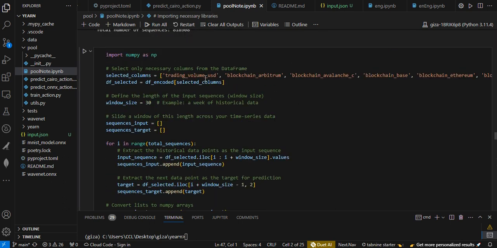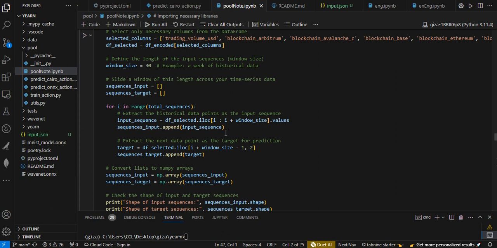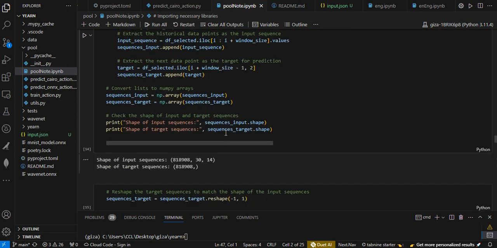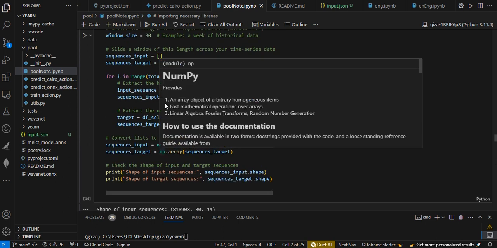We prepare the data for it to be loaded because we're using a data loader, which means we had to set a window and convert the list to a numpy array.